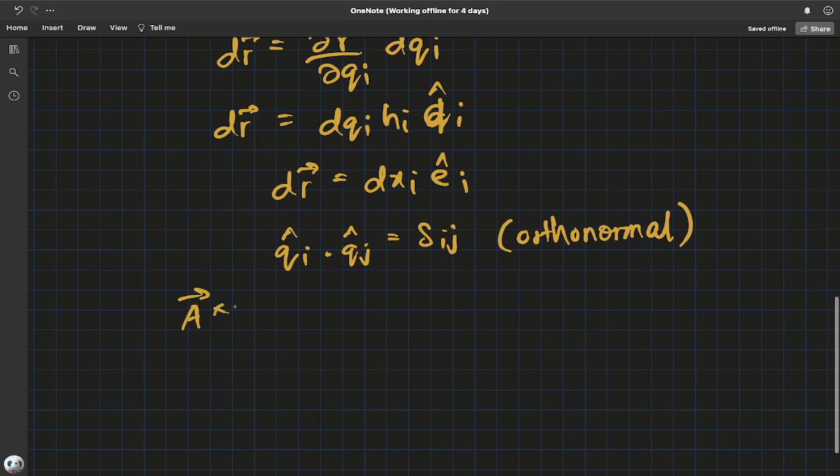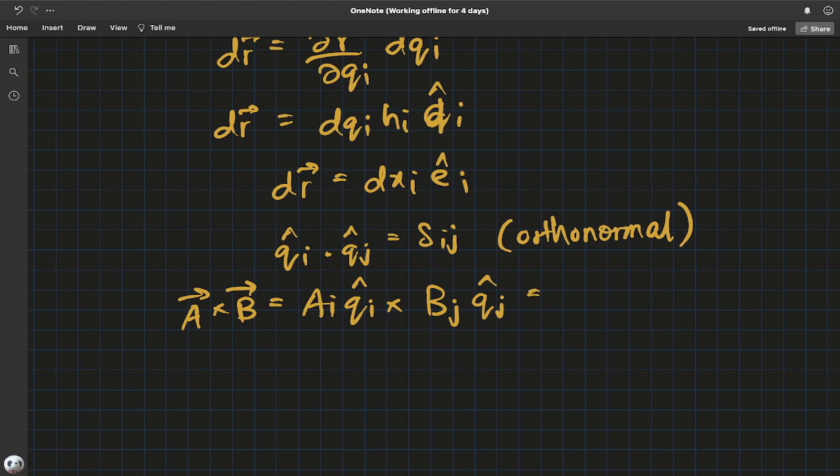And a cross b can be, if you express a in this general curvilinear system, you have this expression crossed with b_j q_j hat, where a_i is the component of a in this new system, and b_j is the component of b in this new system. Those components may not be exactly the same as the Cartesian components, because it's an entirely new system.